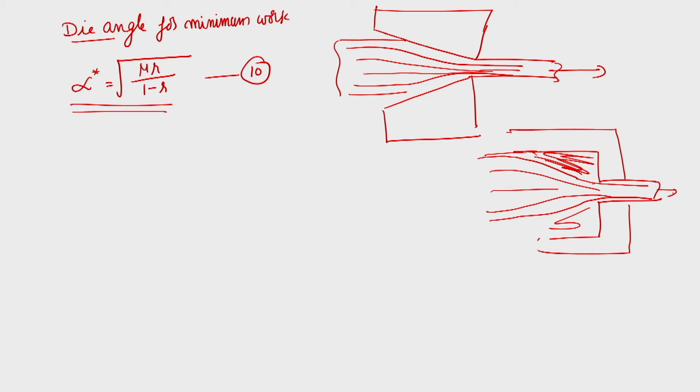Longitudinal stresses are developed because of the tensile stress and the plastic deformation taking place. You will find at the center the stress is higher than at the surface. At the wire surface, the stress is lower, whereas at the center, the stress is high.